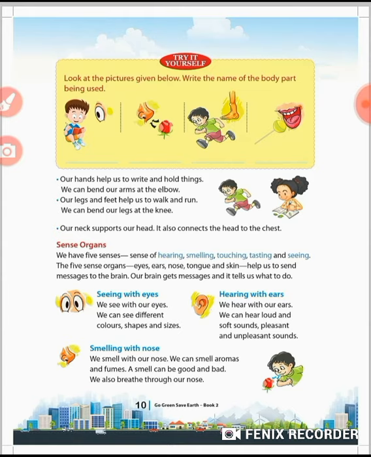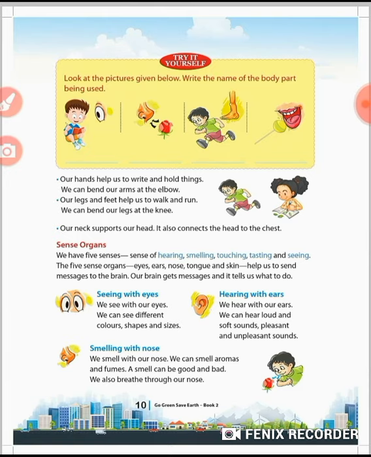Come to the next line. Our legs and feet help us to walk and run. We can bend our legs at the knee.